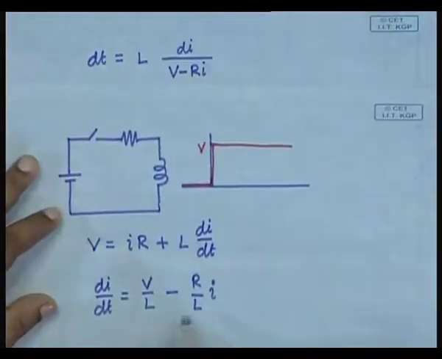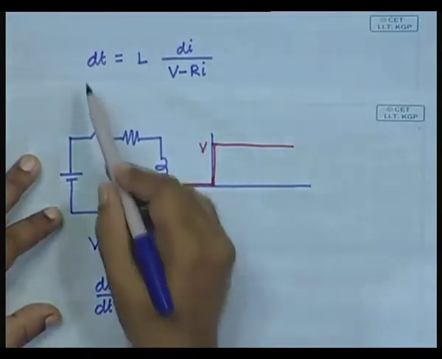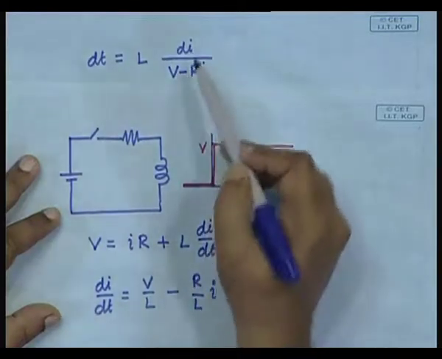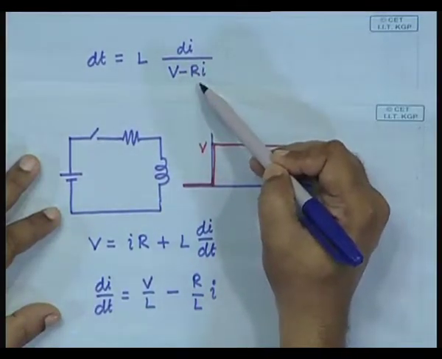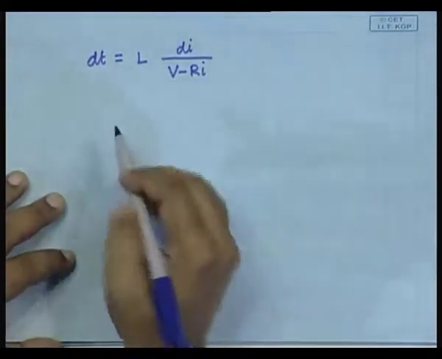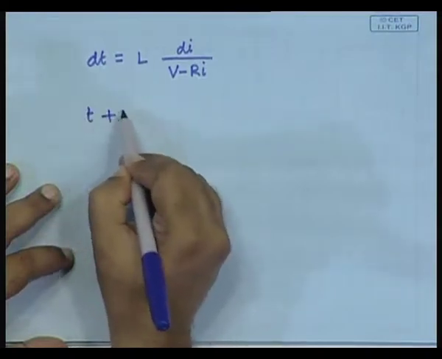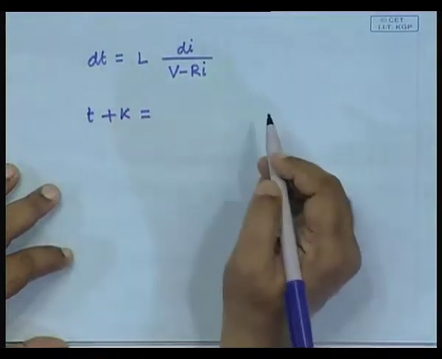See, we started from here. So, you have dt in one side and L di by V minus R i, right. And then you would integrate this. The integration would mean it would be t plus an arbitrary constant k.